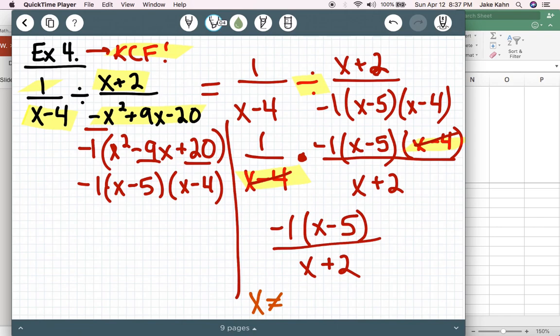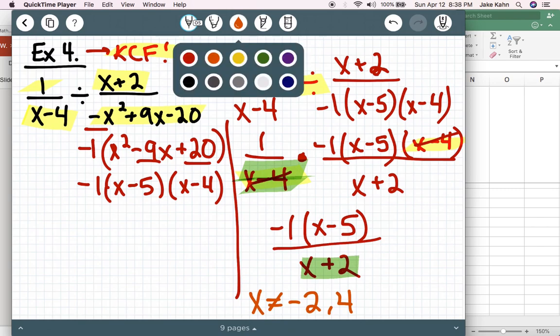First of all, your final answer has x plus 2 on the bottom. That means that x cannot be equal to -2. Moving upwards, we had x minus 4 right here. X minus 4 cannot be equal to 0 because it was on the bottom of a fraction. So that means that x cannot be equal to +4.